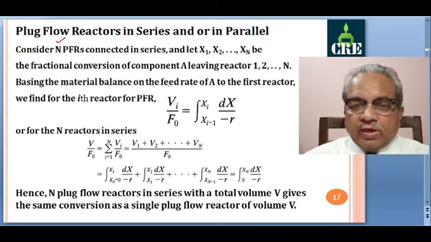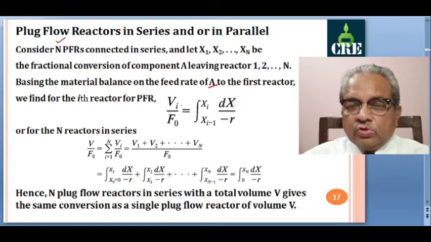Basing the material balance on the feed rate of component A into the first reactor, we find, for the ith reactor under plug flow conditions, in general, I am writing V subscript i divided by F0. This will be the same throughout.